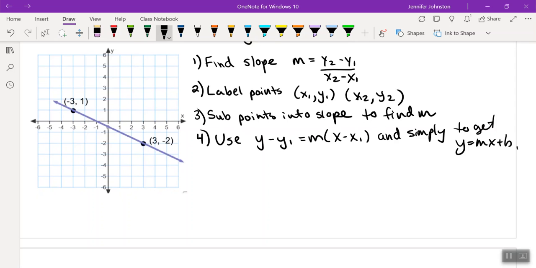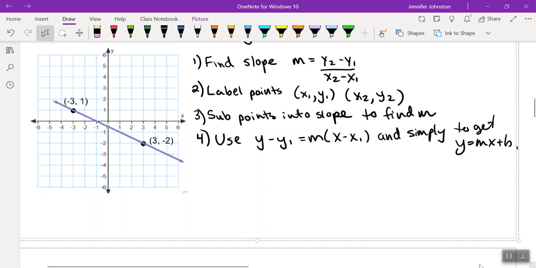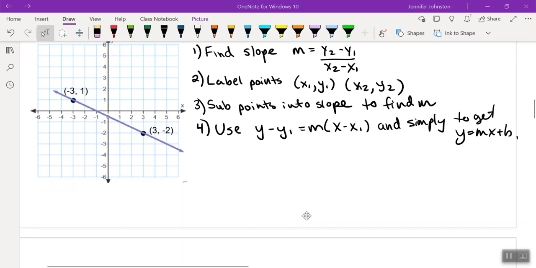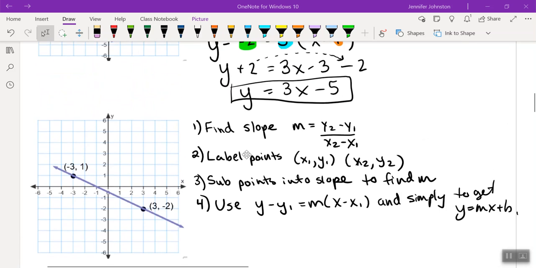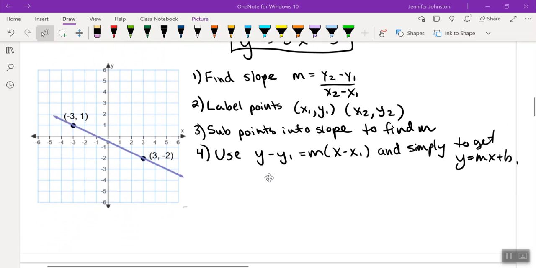It doesn't matter which one you put as x1 and y1. You can put the opposite ones as I do, and then we can check and see if we get the same answer. So go ahead and try that, and I'm going to write down my solutions momentarily. So try it out, use the steps, and you can see if you got something similar.